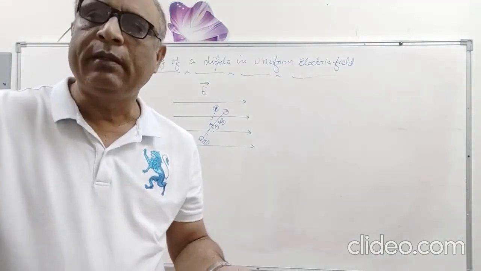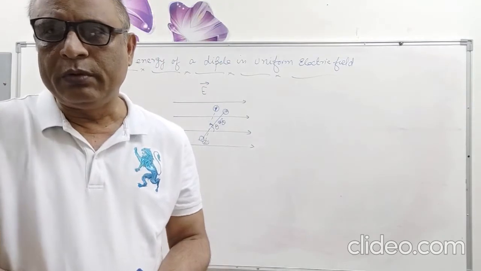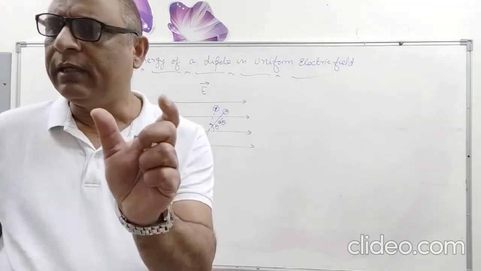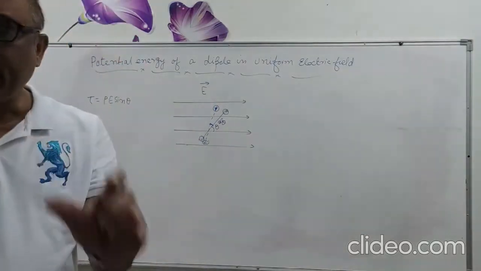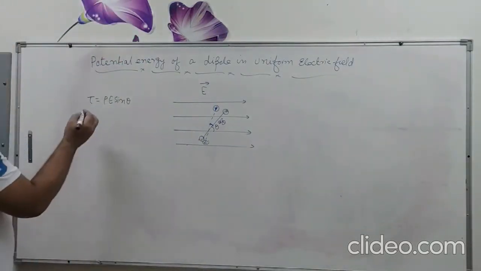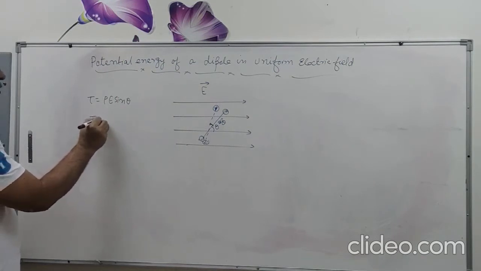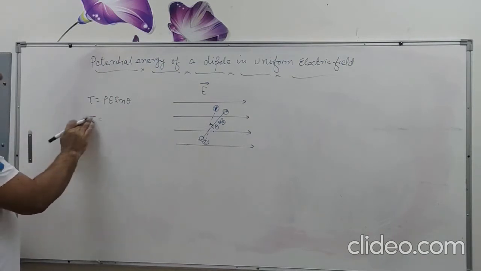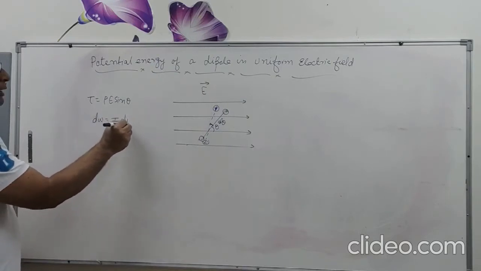To rotate by d theta, we have to do some work, because d theta is an infinitesimal change in angle. So dW, the work done, equals torque times d theta.